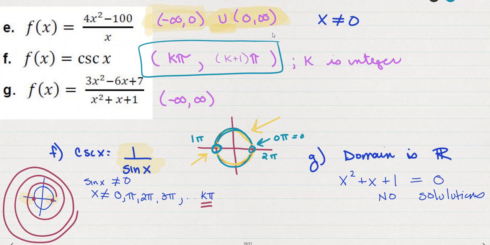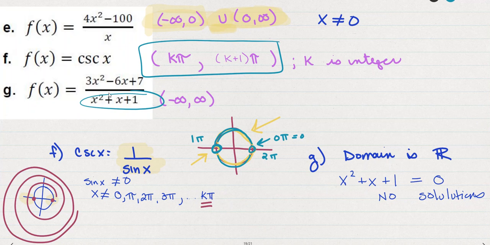And then finally, the last example, g. What's really interesting about g is that if you look at this x squared plus x plus 1, it doesn't factor, and x squared plus x plus 1 never equals 0. So for that reason, there's no solution to this x squared plus x plus 1 equals 0. So what does that mean?